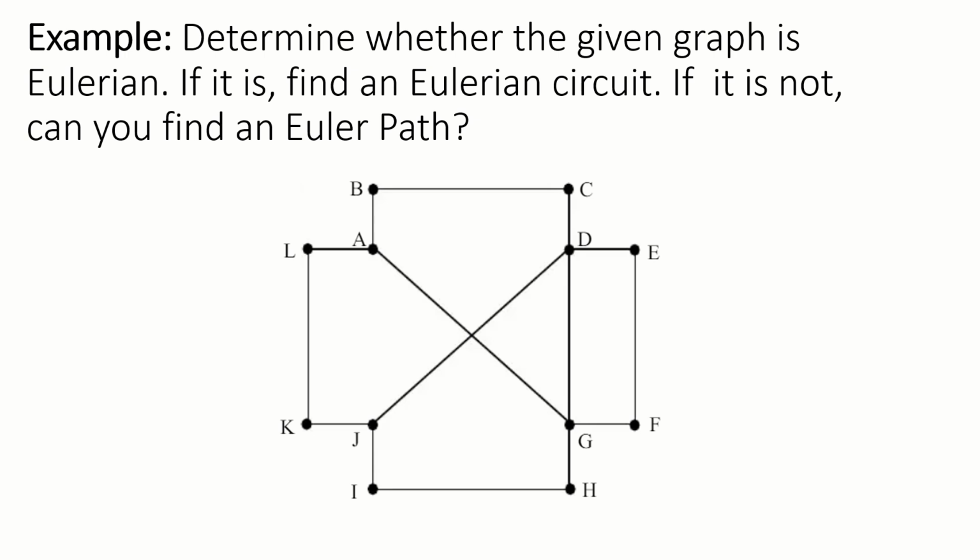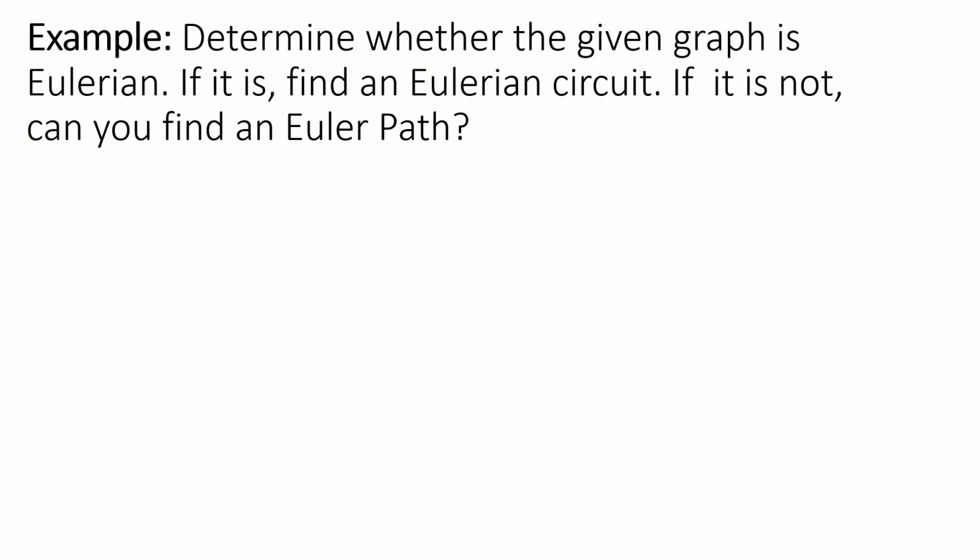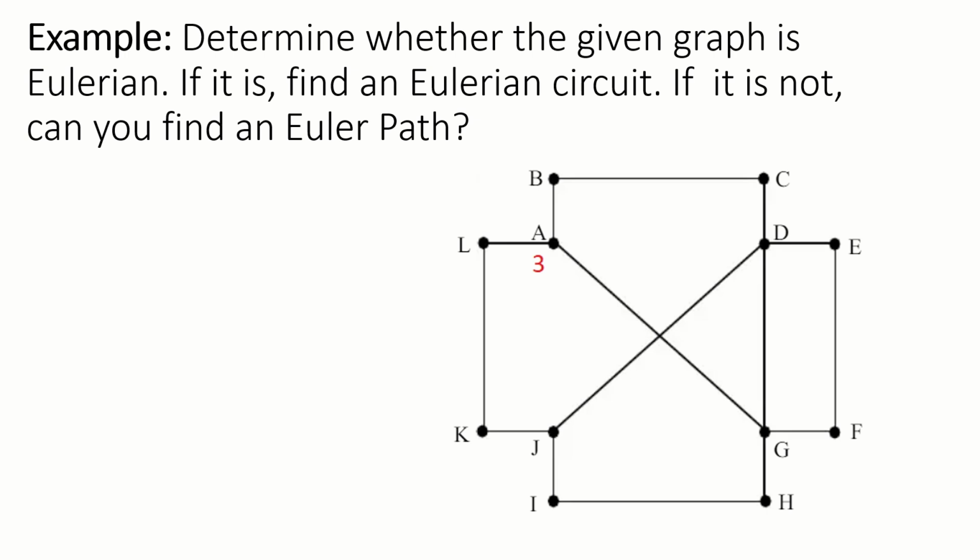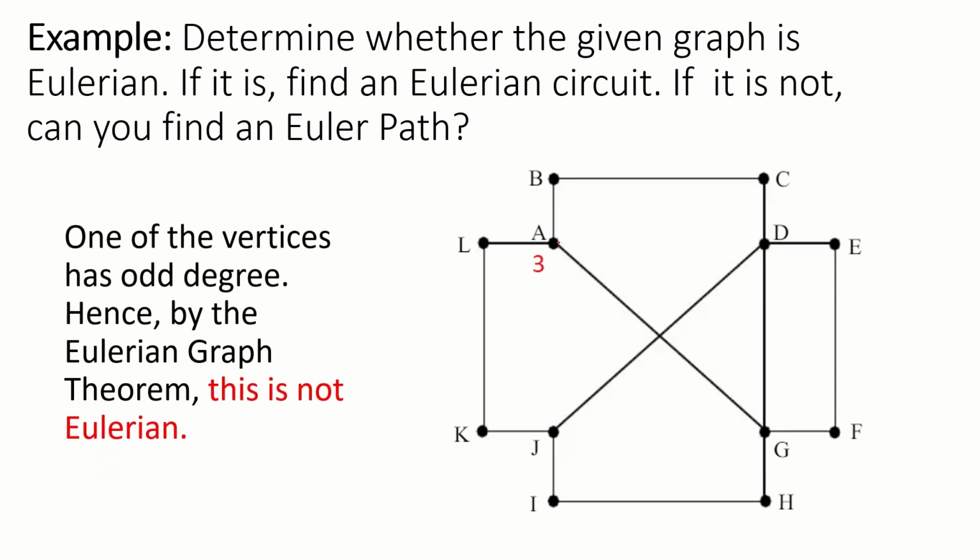According to the Euler theorem, in order for it to be Eulerian, the degrees of the vertices must be even, all of them. But in this case, look at vertex A. The degree is 3, which is not even. So therefore, by the Eulerian graph theorem, this is not Eulerian, meaning there is no Eulerian circuit.